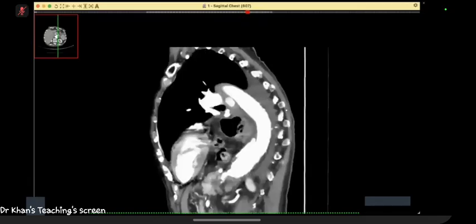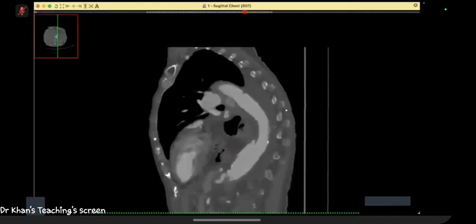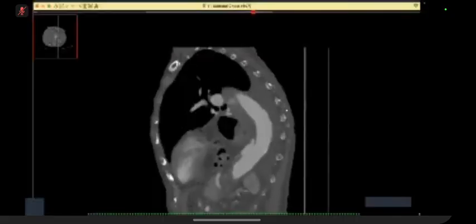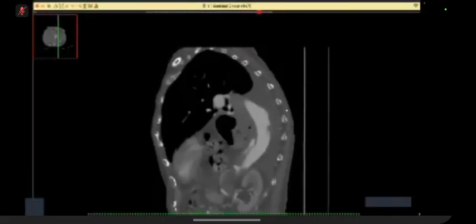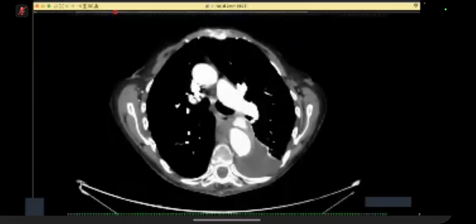At this point, I'm not able to trace the continuity of this, but definitely there is some contrast-filled pouch which is possibly in relation to the aorta only.